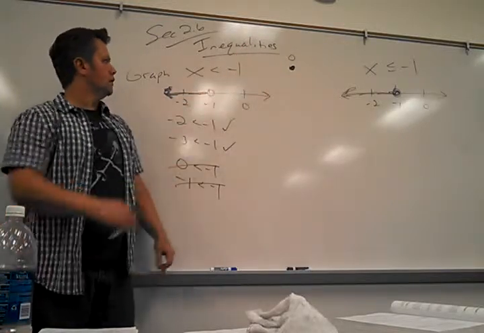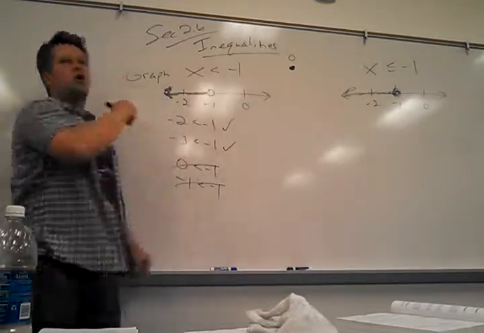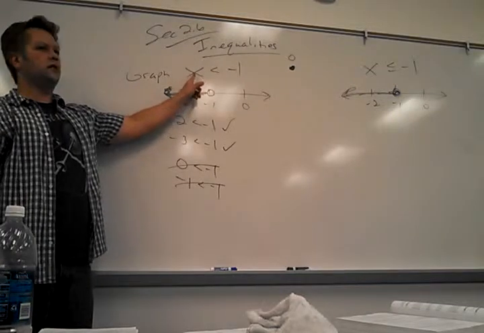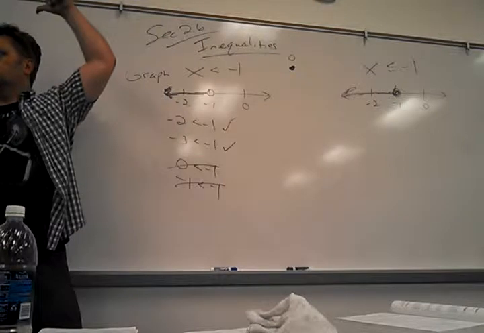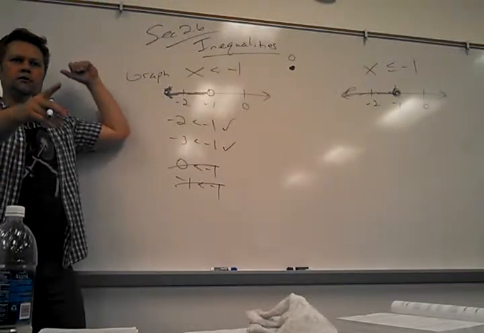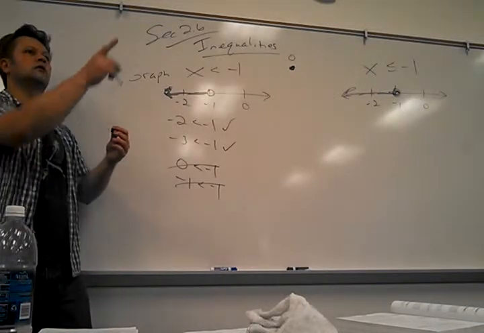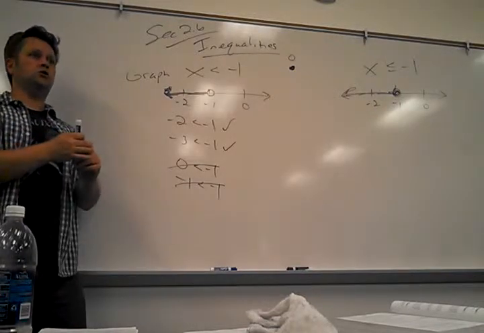Okay. So we got the open circle means you don't want to include it, but the shading is all the answers. And the really nice shortcut is, if the variable is on this side, the sign points you in the direction you want to shade. It does not happen very often in math, so like it when it does. Whichever way it's pointing, that's the way you shade, as long as your variable's there.